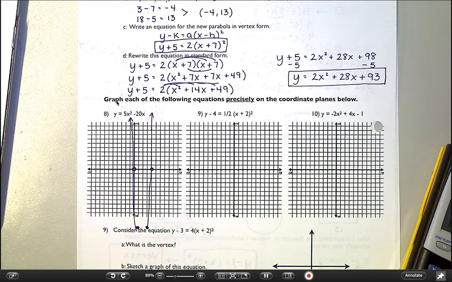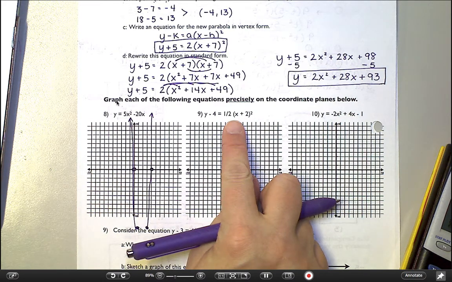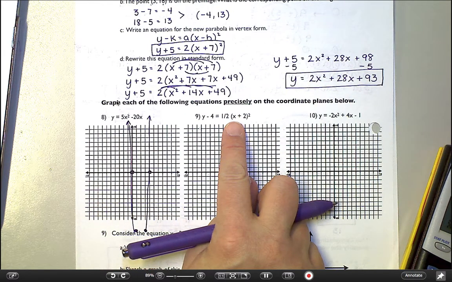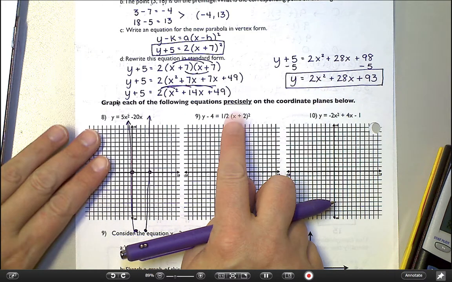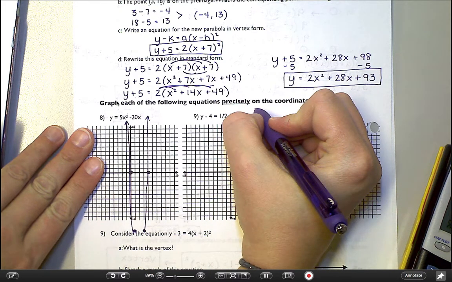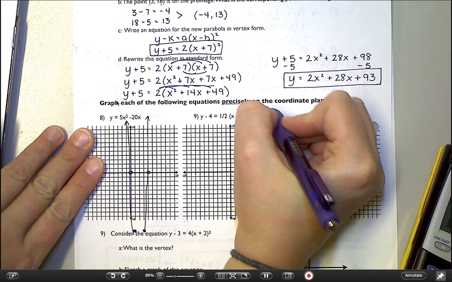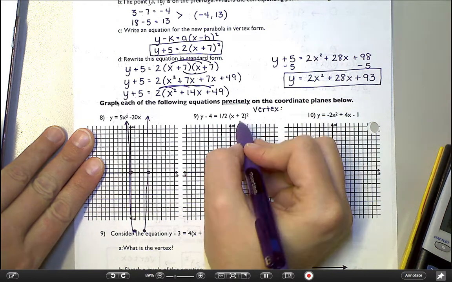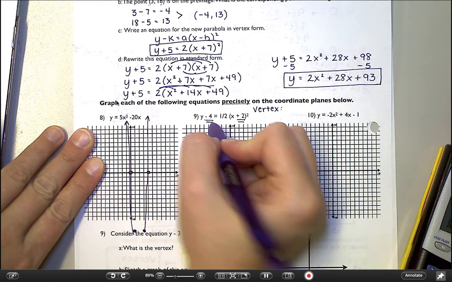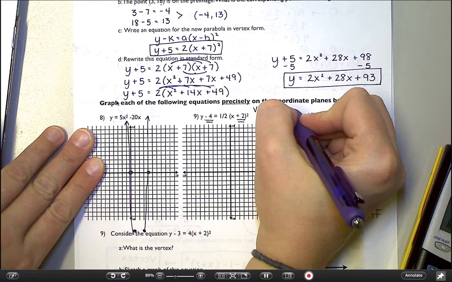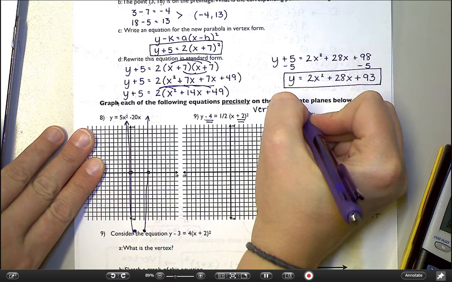This one, I think it's almost more important that you not do this one precisely. I want to just see, can you pull the correct information out of this thing? So if it's written in vertex form, we should be able to identify the vertex right away. And in this case, that would be, remember, it's the opposite. So it would be negative 2, positive 4.